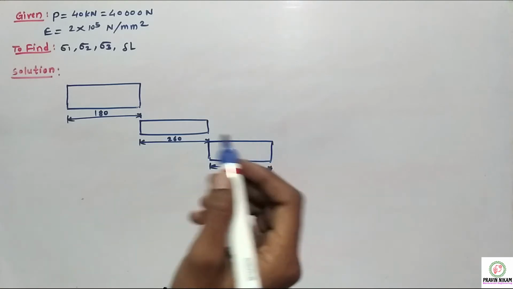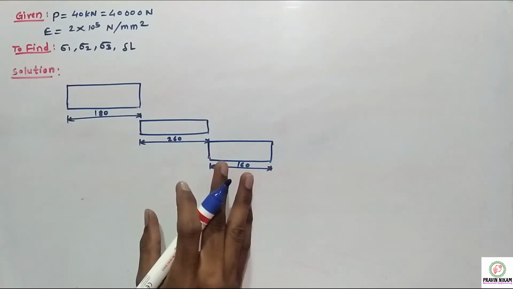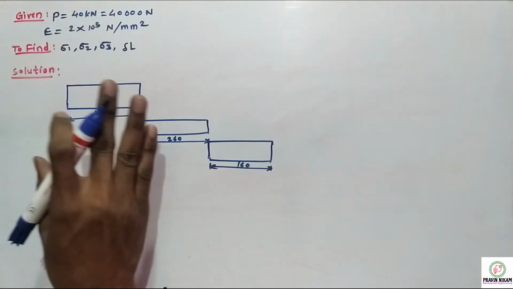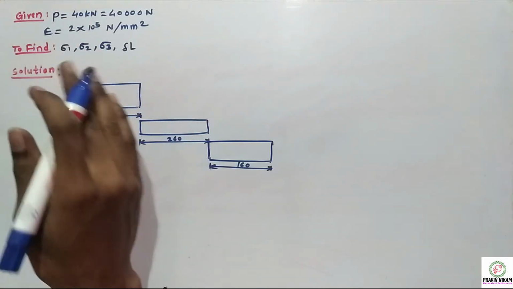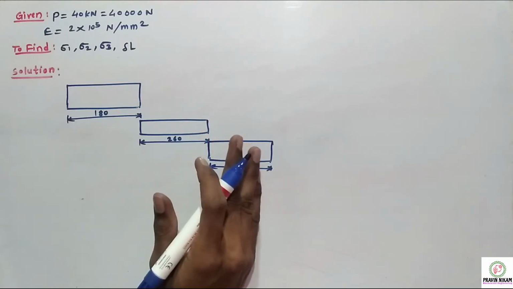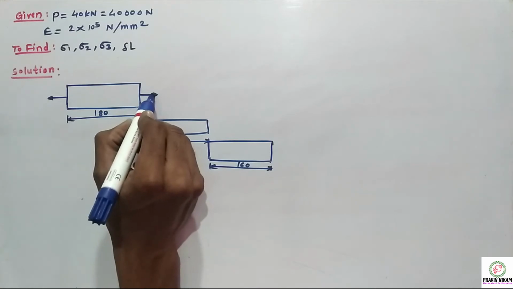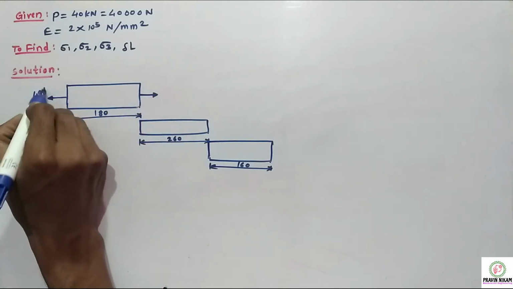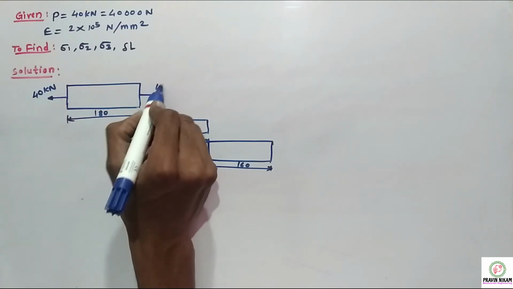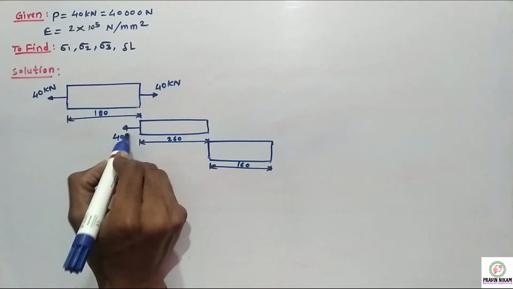Actually, it is not required to draw this free body diagram for one pull or one load. If the load is different at different sections, then this diagram is very important. In this case, no free body diagram is required, but now we have to draw this diagram. 40 kilonewton.